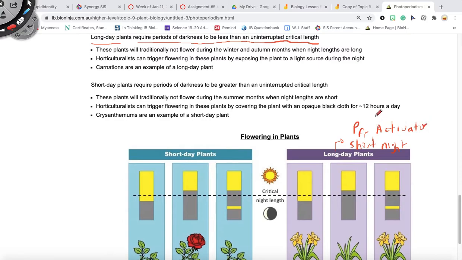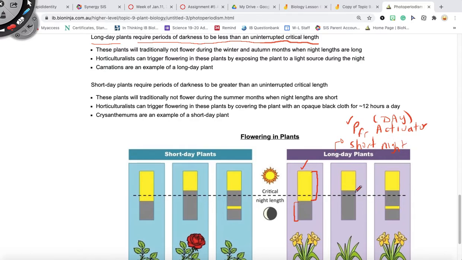And this is available during the day. Or most of it gets converted during the day. It's induced by sunlight. So notice that if you have a very long day right here and a very short night, then that critical night length is not achieved. So during that long day, you can produce a lot of PFR. And that's going to allow for blooming of this plant.